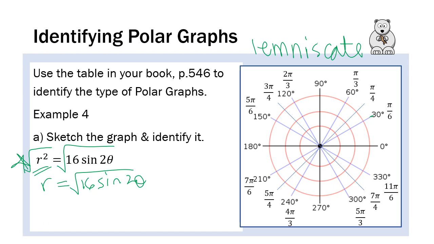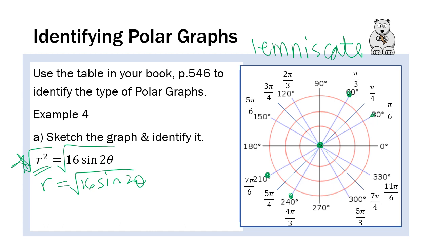So about 3.5 for 30, or pi over 6, depending on what mode you're in. And then 60 does the same thing. It also matches up. 0 is on there. And then it has symmetry. So it's also got this point and this point, the 210 and the 240.